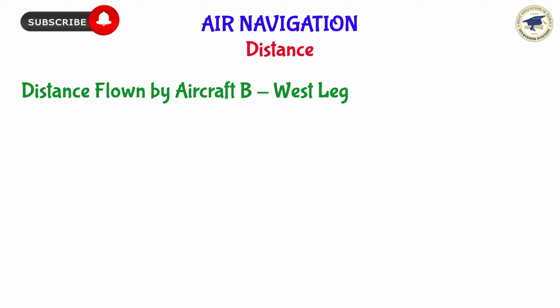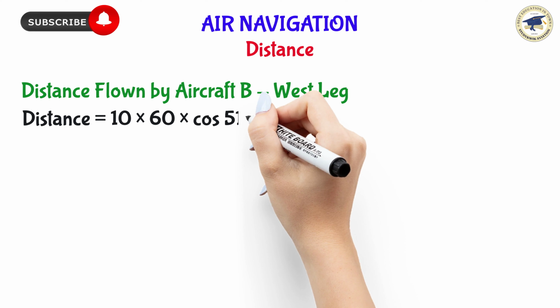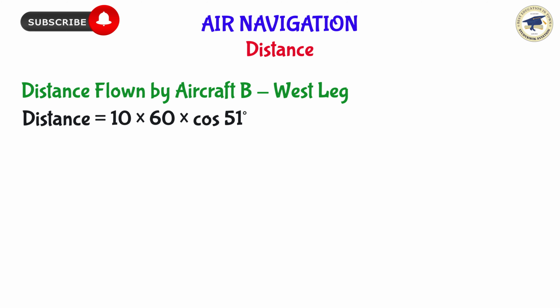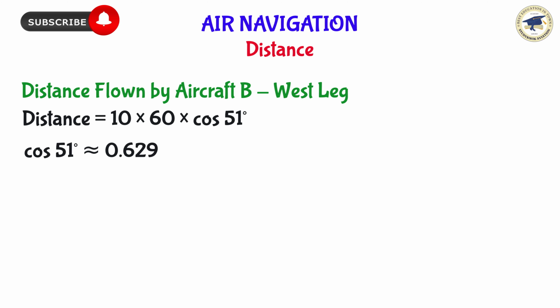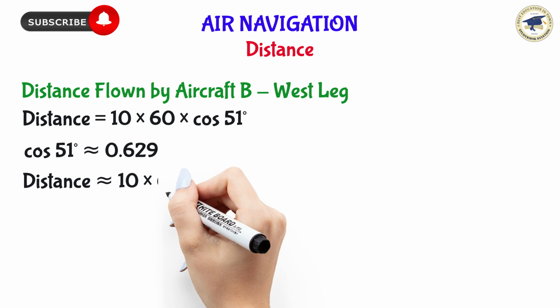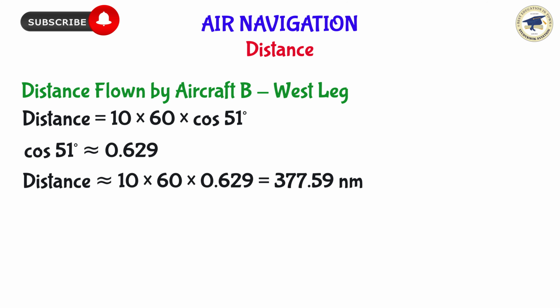Distance equals 10 times 60 times cos 51 degrees. The cosine of 51 degrees is approximately 0.629. Hence, distance equals 10 times 60 times 0.629, giving 377.59 nautical miles.